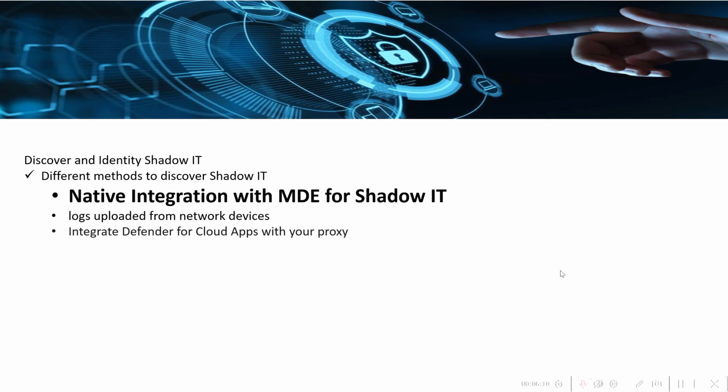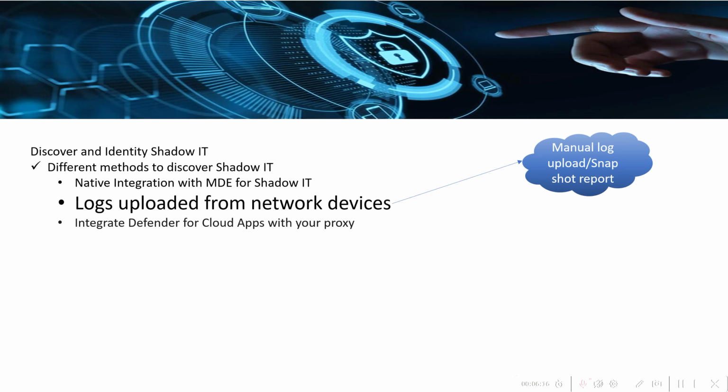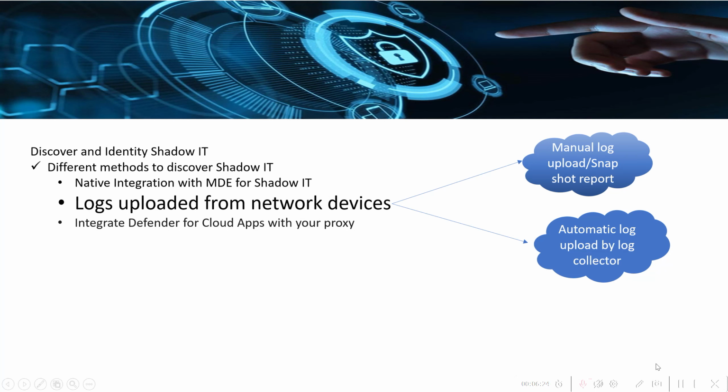Now, logs uploaded from the network devices can be achieved in two ways. First one is the manual method, which means manually uploading the log. Second one is the automatic log upload by log collector. So the manual method or snapshot report gives visibility for your applications when you manually upload the logs in your MDCA portal.